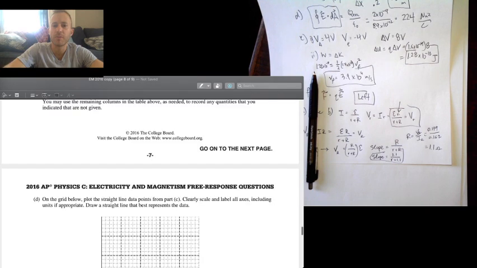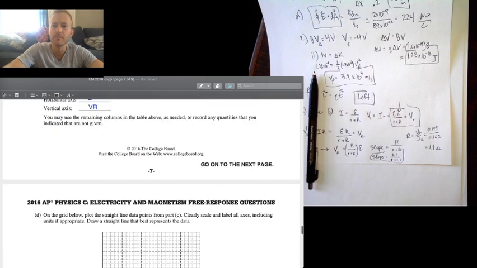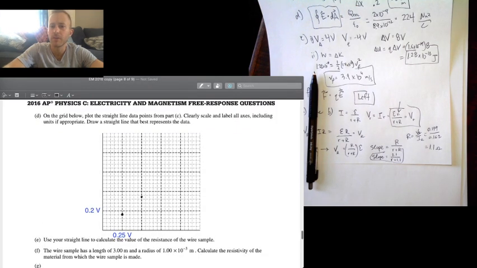And I'm just going to do one more point. The 1 volt point is 0.67. So 1 volt would be over here, and 0.67, this is 0.2, 0.4, 0.6, 0.8, so 0.67 is somewhere around here.